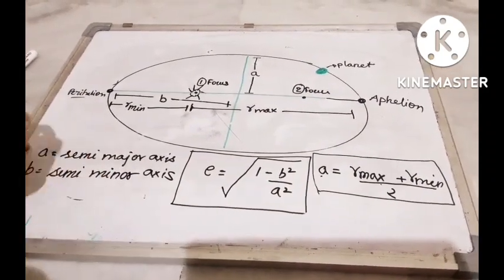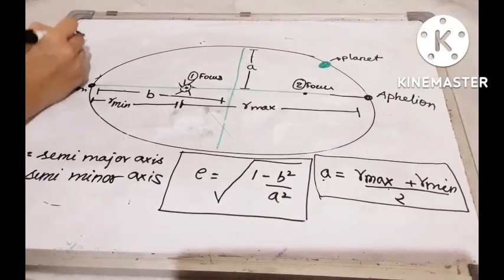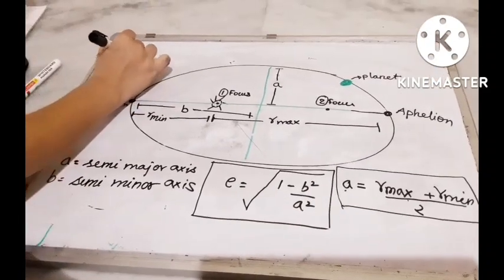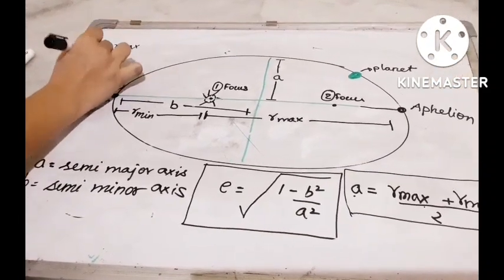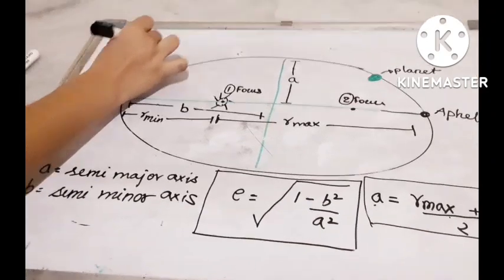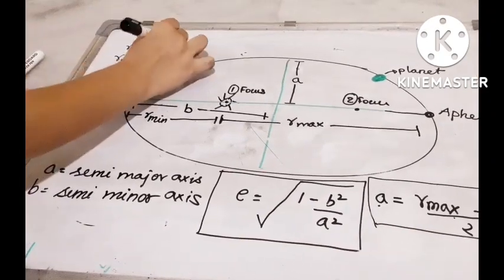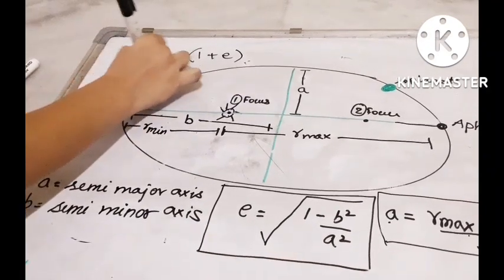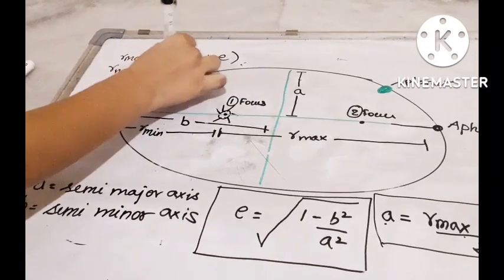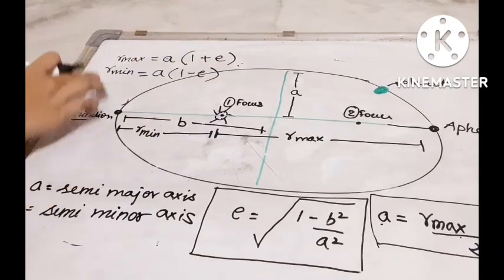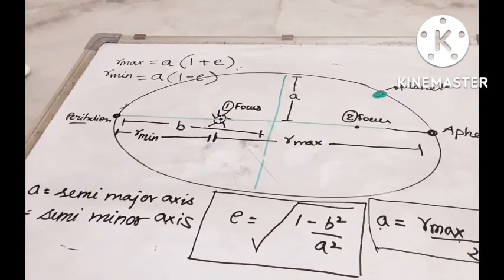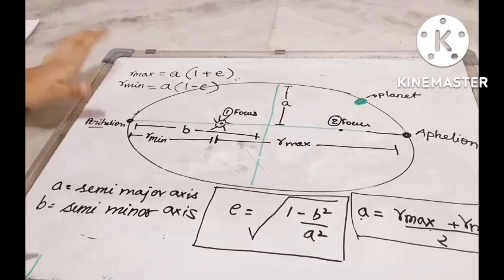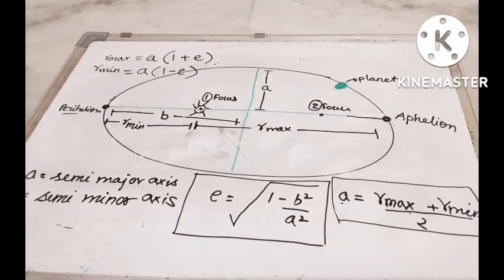And one more thing, you can also find the relation between R max and R min. So R max is equal to semi-major axis into 1 plus E, and semi-major axis into 1 minus E will be your R minimum. Now you are thinking that where all these formulas will come to use.